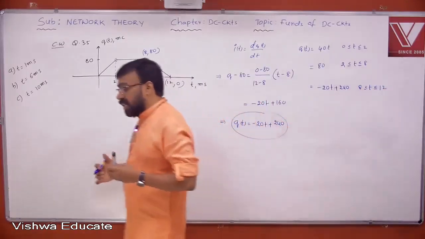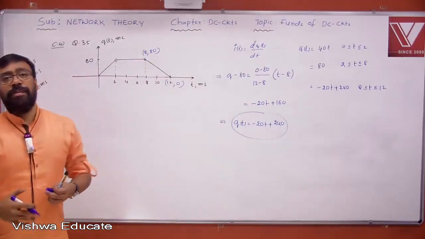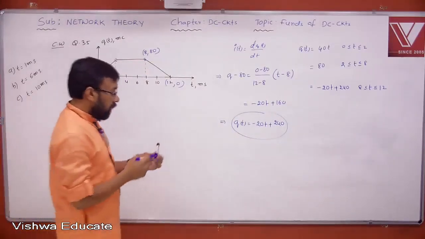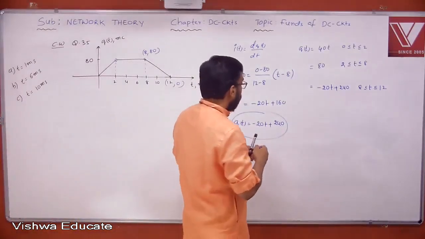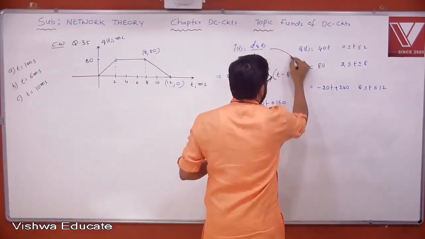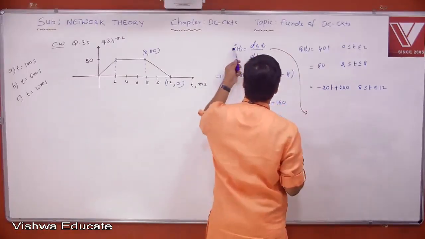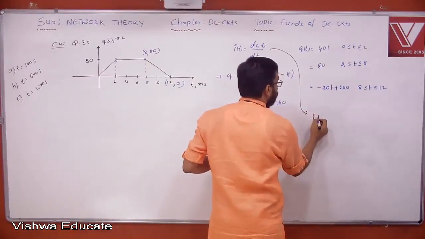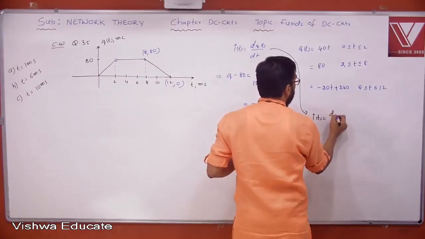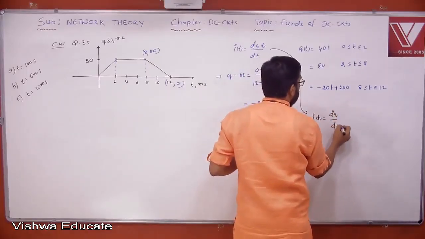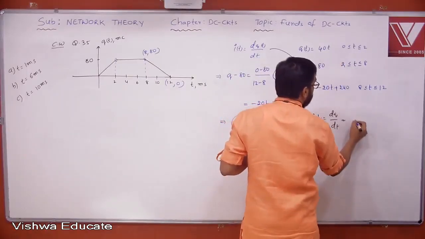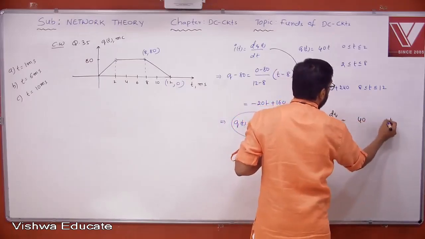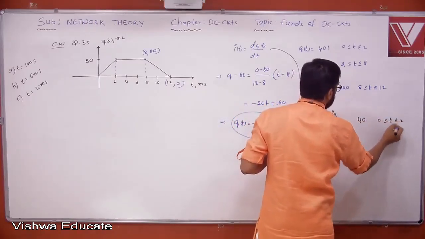This is how generally you define any given waveform mathematically, right? Then, if you now go with a charge, what is the charge actually here? Sorry, charge is given but current, right? What is the current now? Current is dq by dt, right? When you differentiate it, this is 40 for t between 0 to 2.